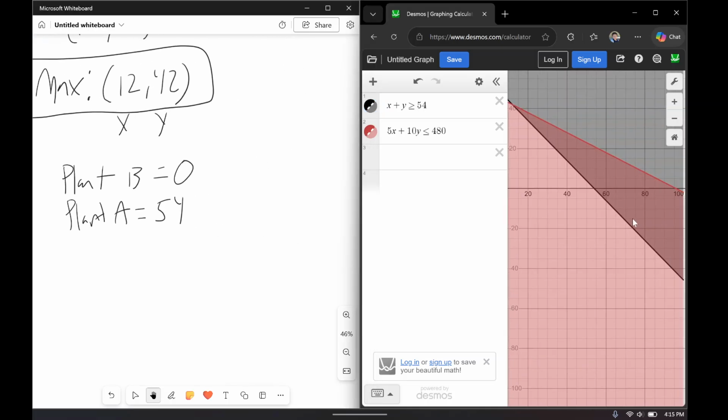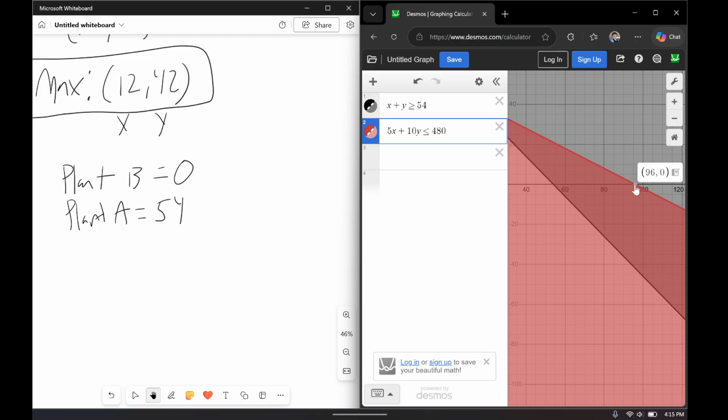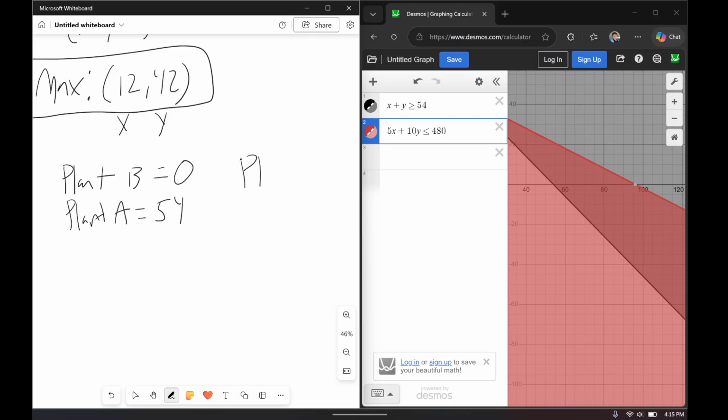And that has to be it. And then for here, what if plant A made 0? Well, that means that plant B has to make 96 in order to meet your requirement.